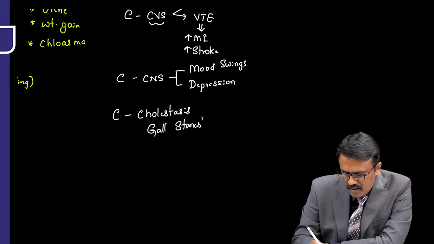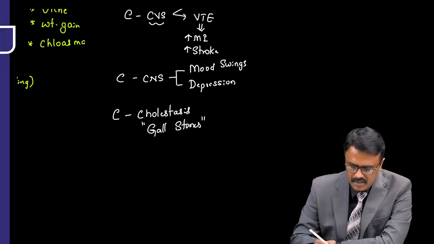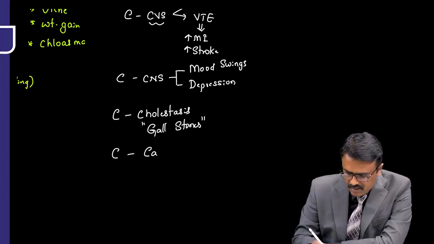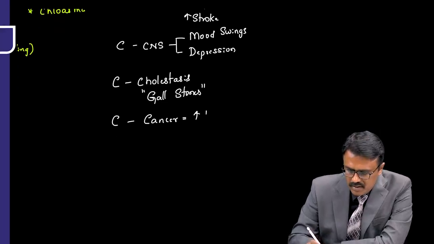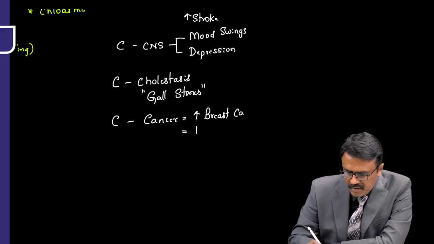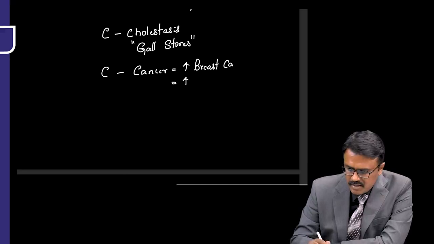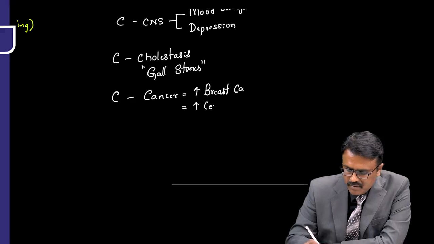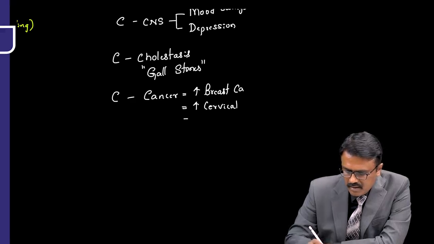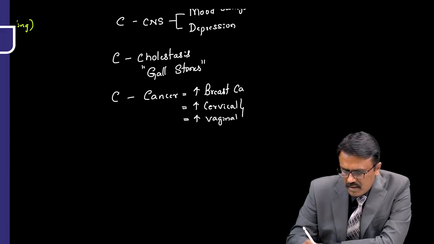So OCPs can increase risk of gallstones. And another C for cancer. So they can increase the risk of cancer. Which cancer? They can increase the risk of breast cancer. They can increase the risk of cervical and vaginal cancer.